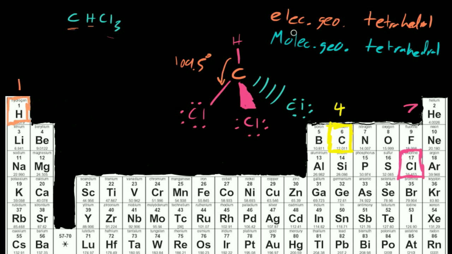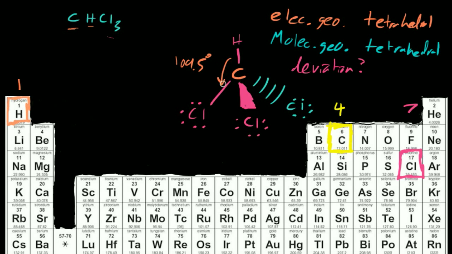And then the final question, can we expect any deviation from this 109.5 degrees? No, we shouldn't expect any deviation, because none of our electron groups around our central atom are lone pairs. They're all bonds, so they're all going to repel each other with an equal amount of force.